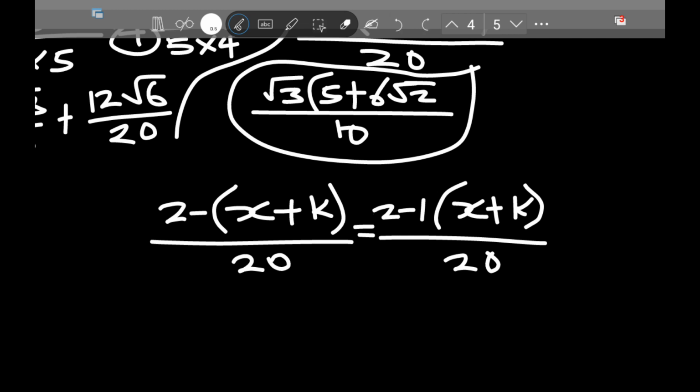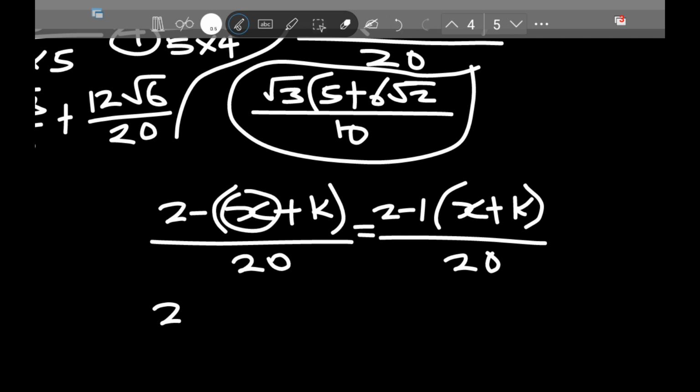So you cannot divide this 2 or this 10 or this 20, sorry, you cannot divide them, but you can simply divide this 1 and this 20 if you want to. But you can see that if you divide any number by 1, it will remain as the number. The value of the number will not change, will not decrease or increase. So this form, you can write it as, multiply this negative sign by whatever is inside the bracket.